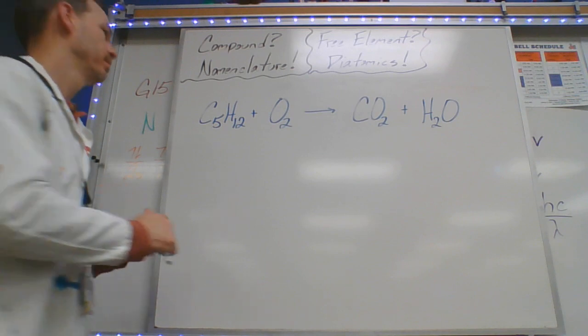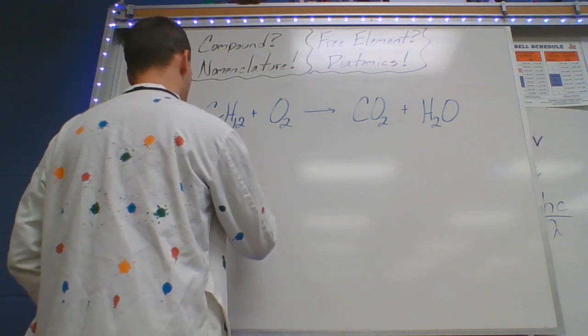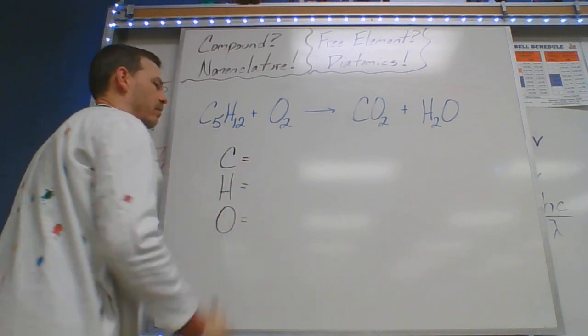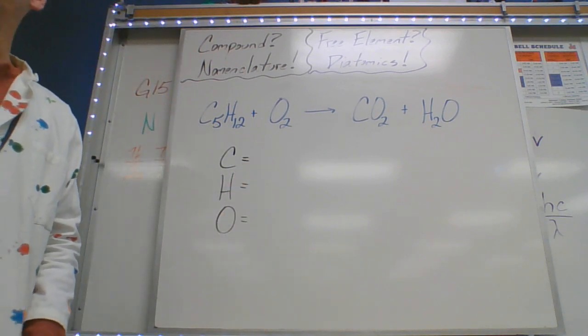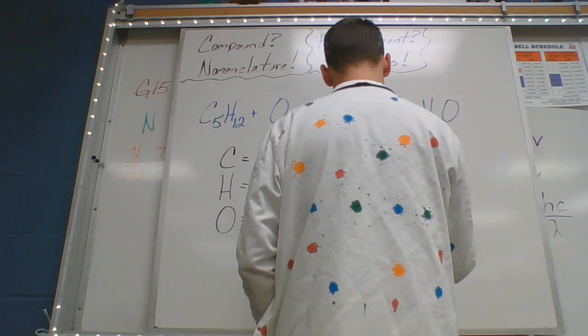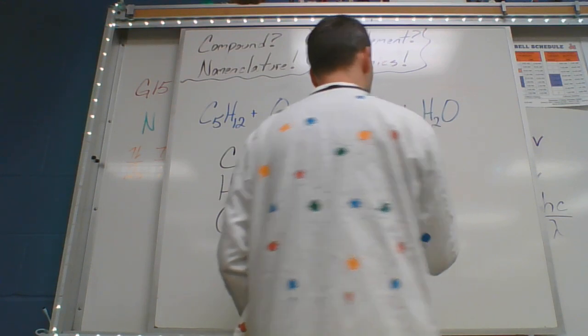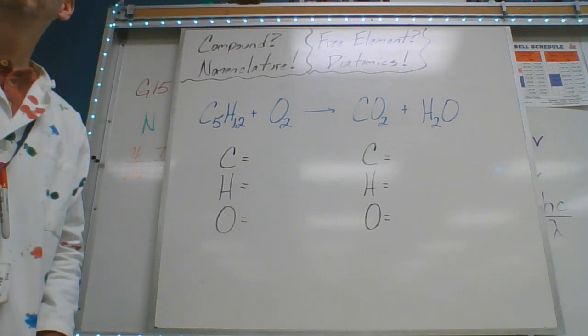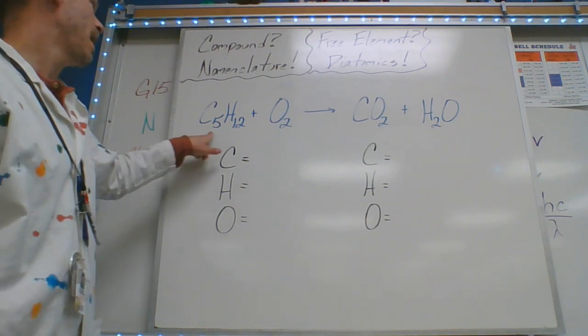Make your list. C, H, O. Duplicate your list. Count. 5, 12, 2.